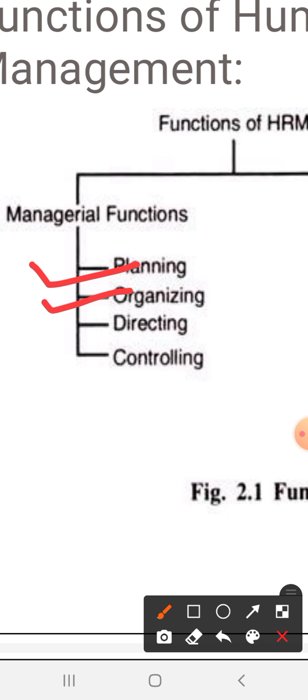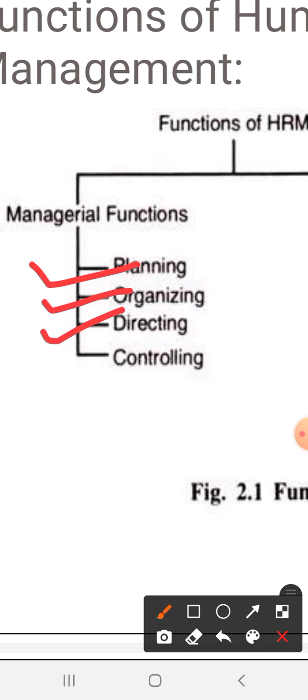So it means arranging the machineries, people, it can be anything, right? It also establishes the relationships among the employees so that they can collectively contribute to the attainment of the company goals. Okay.